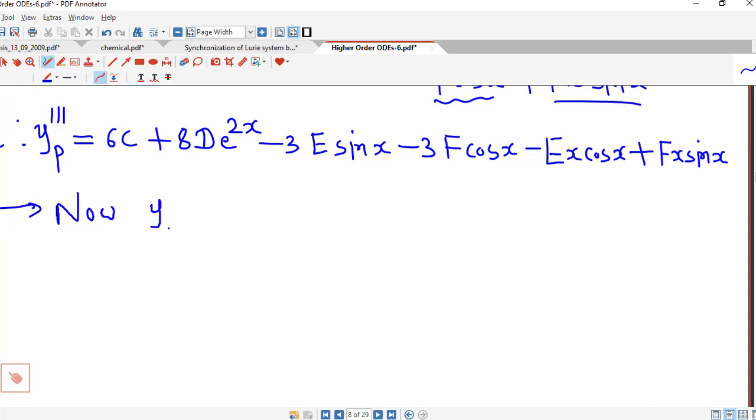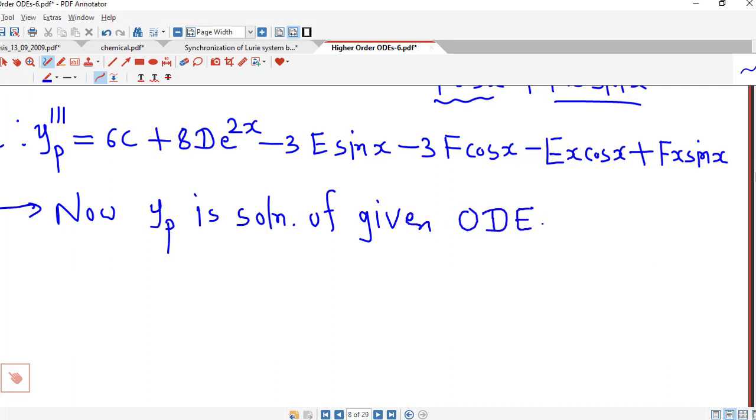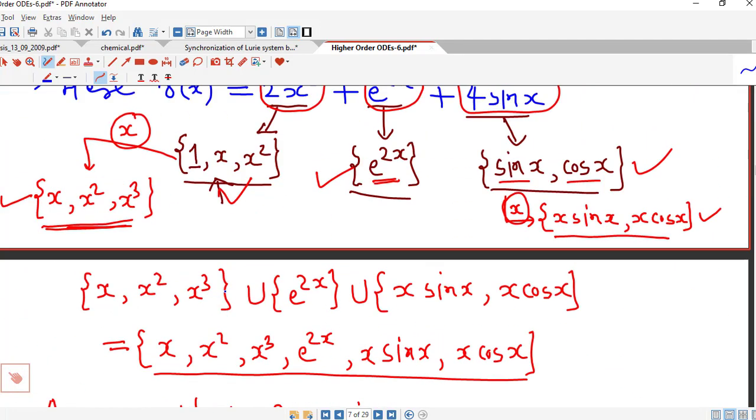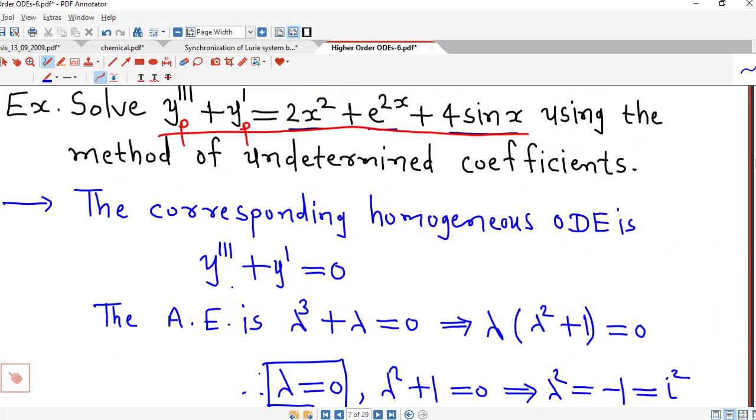Now we substitute yp in the given equation, because we have assumed that yp is solution of given ordinary differential equation. So yp must satisfy given ordinary differential equation. Given equation is y triple dash plus y dash, so we substitute yp for yp triple dash plus yp dash.